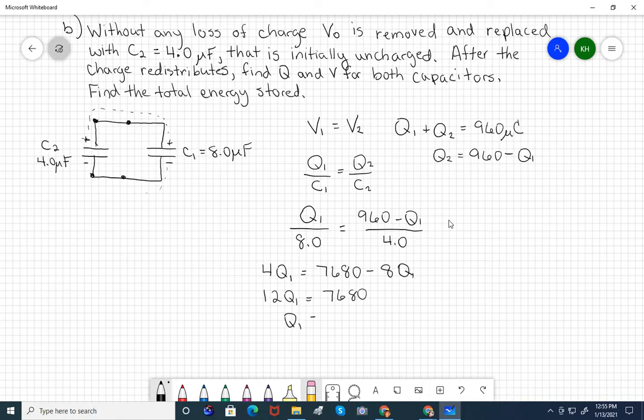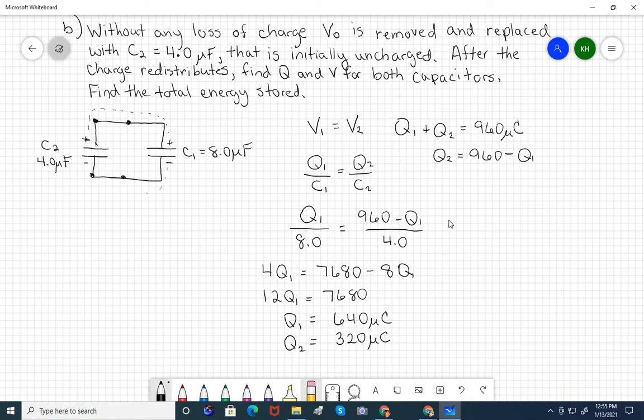Q1 comes out to be 640 microcoulombs. Q2 then will have to be 320 microcoulombs. Let's think about this result.